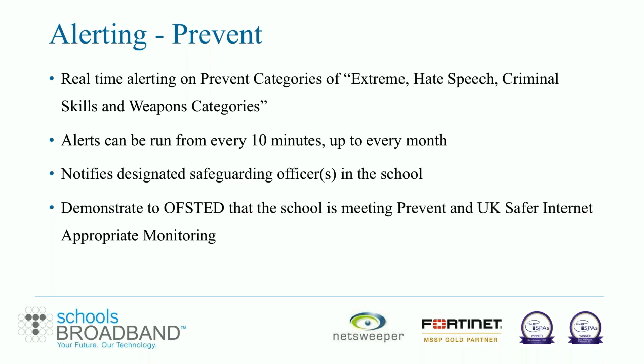As you migrate over, we're going to ask for the safeguarding details of a member of staff at each school. That member of staff will get this prevent alert whenever activity has been generated. So this will have any attempts of access to extreme hate speech, criminal skills and weapons categories. You can tailor that as well, but that's as it comes out of the box.